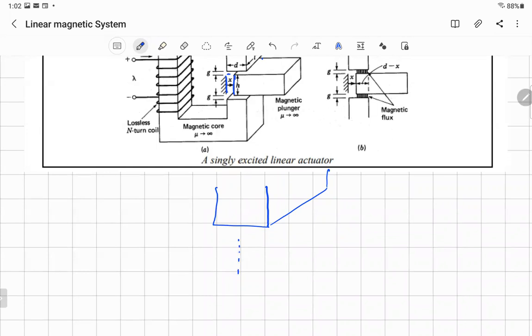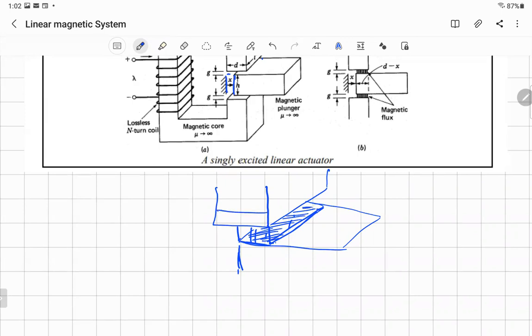So if you make a line like that, this is where the flux will be flowing. So the common area in the core, I'm just sketching now, this is the area where the flux will be going through.